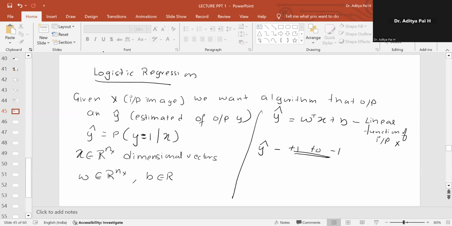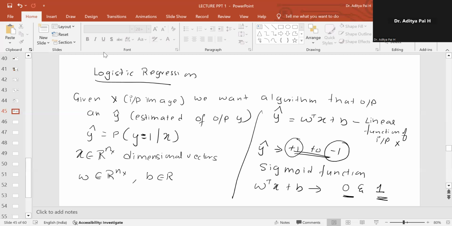Since it is ranging around +1 to -1, that is the reason why we will be applying the sigmoid function to this. So W transpose X plus B should give a value between 0 and 1, because our output should be either 0 or 1. It cannot be between +1 and -1.